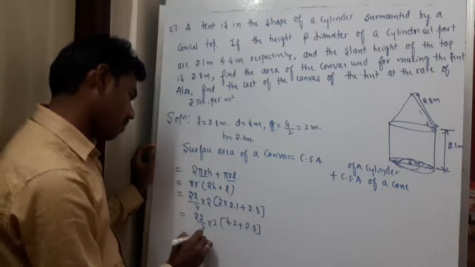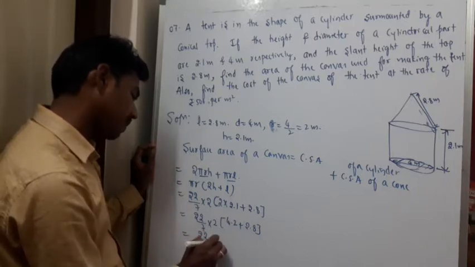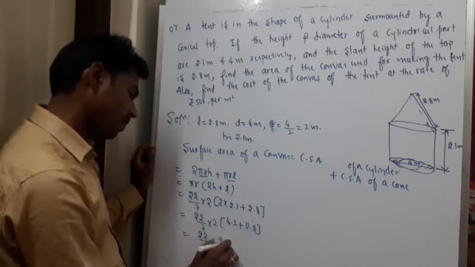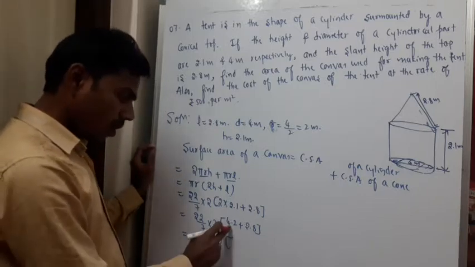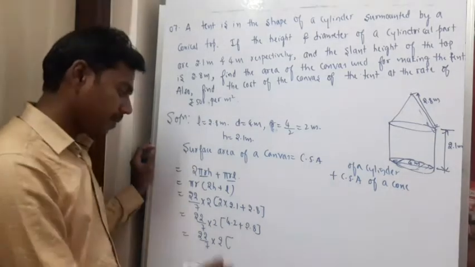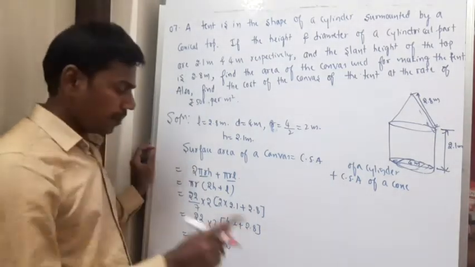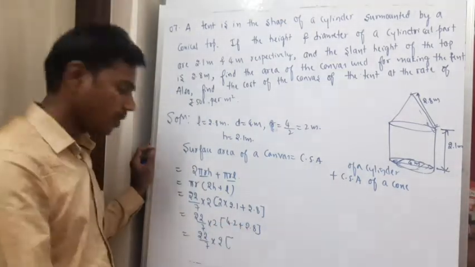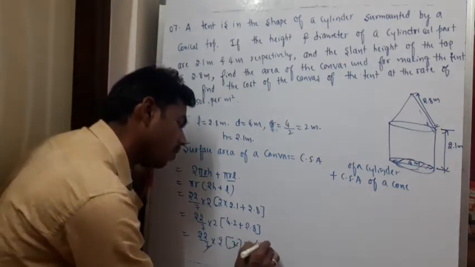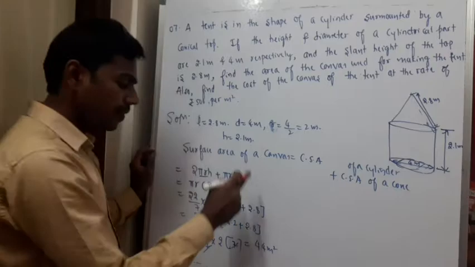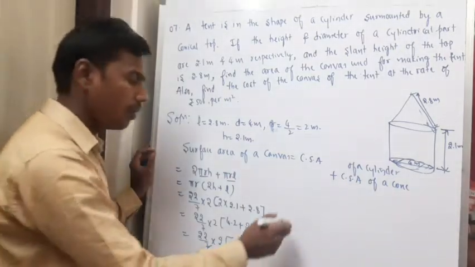So 22 by 7 into 2 into 4.2 plus 2.8. 2 plus 8 is 10, write 0 carry 1. So 4 plus 2 is 6, 6 plus 1 is nothing but 7. This 7 will get cancelled. So 44 meter square. The surface area of the canvas is 44 meter square.